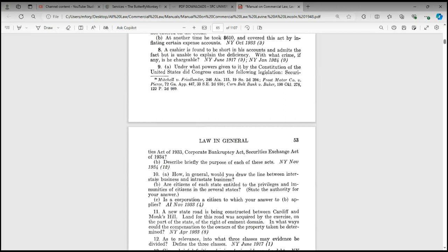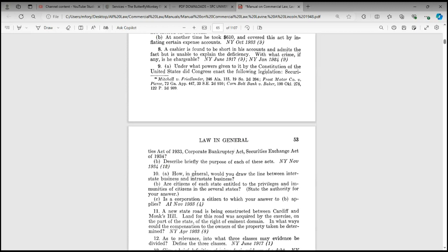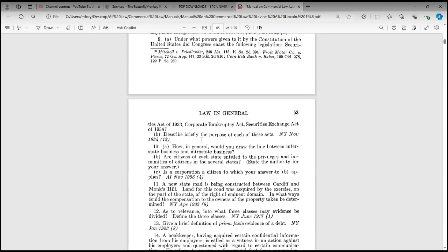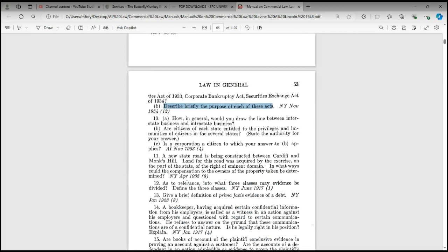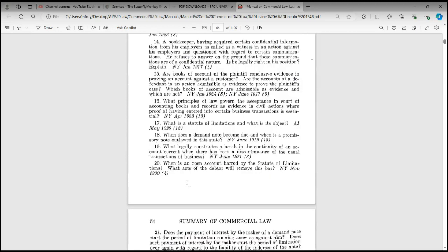It's Congress. Under what power did they create the Securities Act? I don't know. And they got the simple one. Describe briefly the purpose of each of these acts. I don't know, but we're good.